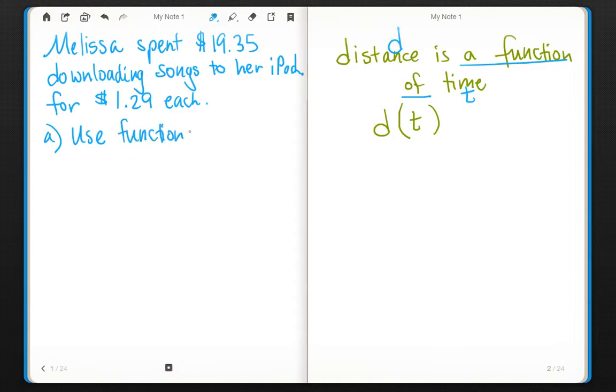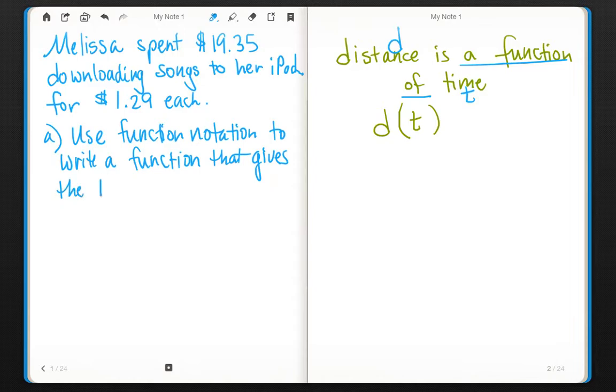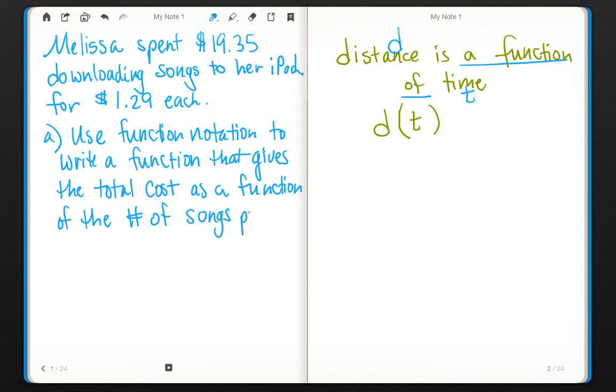So use what we've just been talking about to write a function that gives the total cost as a function, remember that phrase, as a function of, that's going to be key, the number of songs purchased.